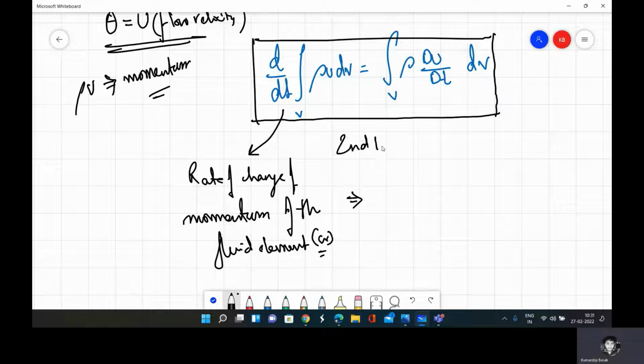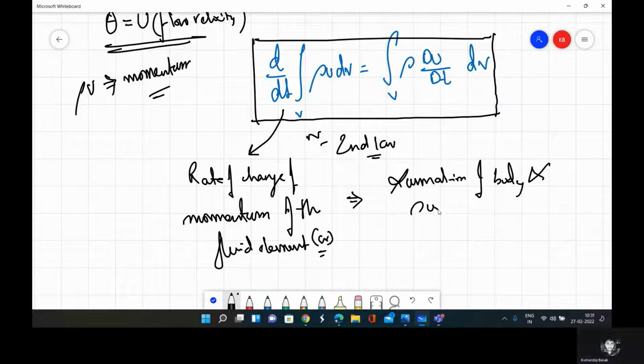Now using Newton's second law, what can we write? Rate of change of momentum of any fluid element is equal to the summation of body and surface forces on that element.